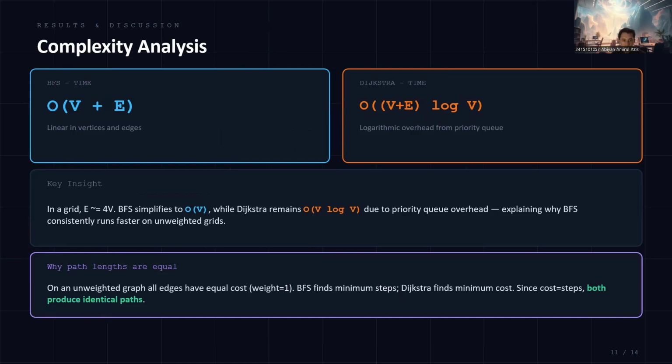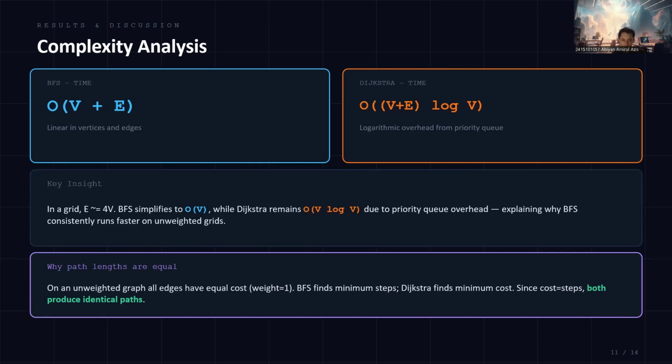Complexity analysis. The reason behind the performance difference lies in the complexity of the algorithms. BFS has a time complexity of O(V plus E), which is essentially linear. In contrast, Dijkstra has a complexity of O(V plus E) log V. It must repeatedly maintain a priority queue.